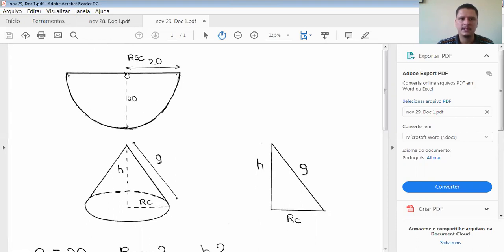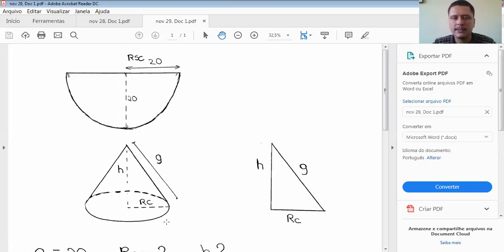So comparing the same circle with the cone, this part here is going to be this part here of the cone, which we call its slant height, okay? This part here, the border of the semicircle, is going to be the base of the cone, the circle at the base of the cone, okay?